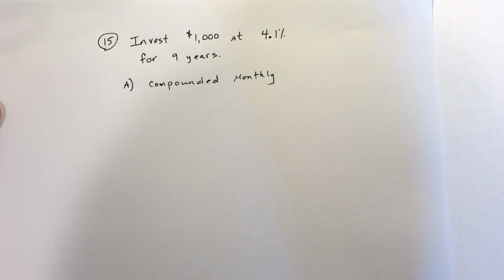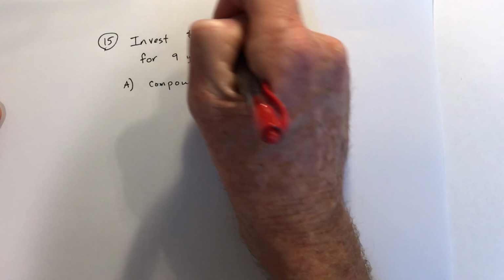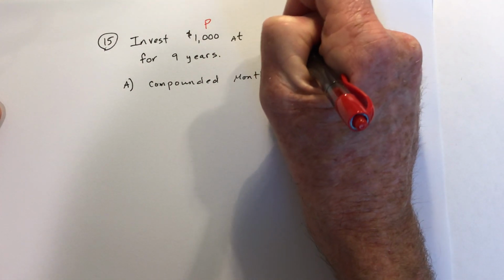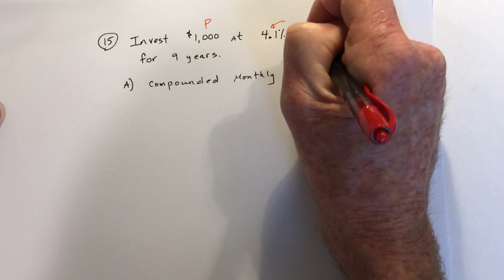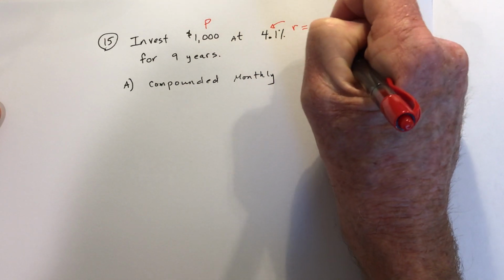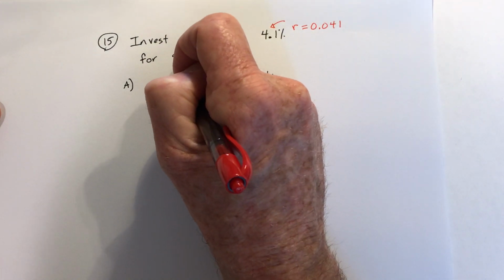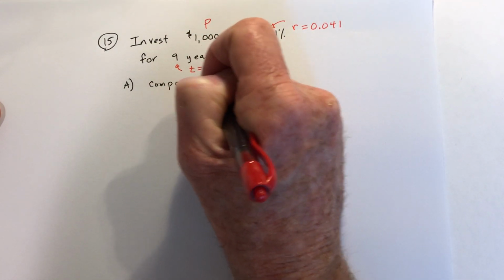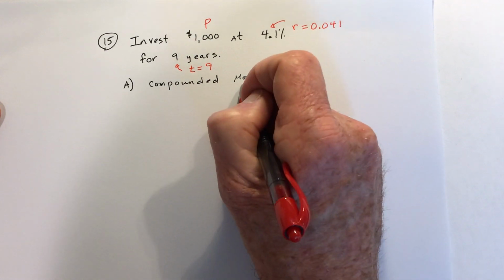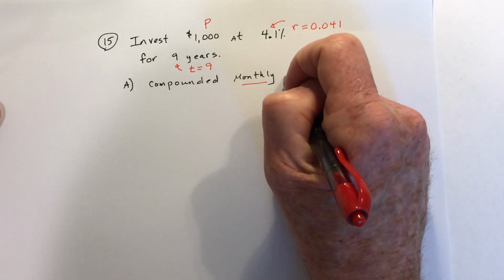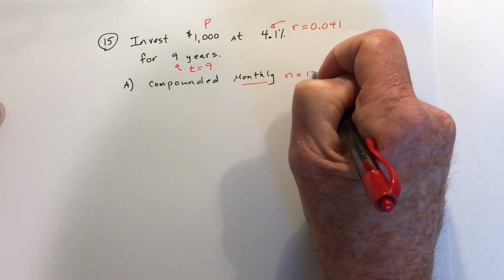So the amount of money that you invest is the principal, that's P. This needs to be changed to the decimal form, so that's going to be the 0.041. This is how many years, so that means T equals 9. And then monthly, since there's 12 months in a year, that means N equals 12.